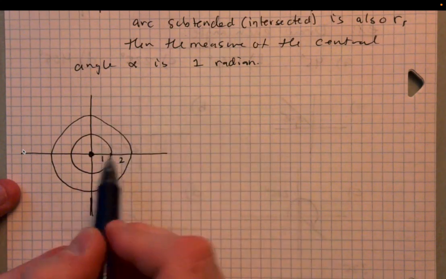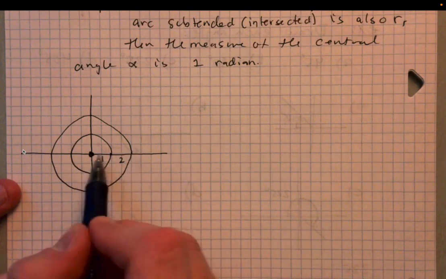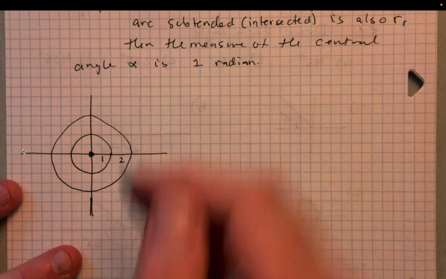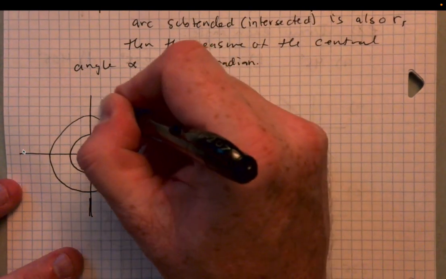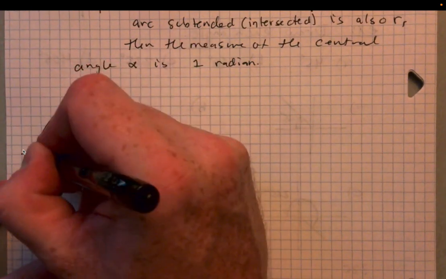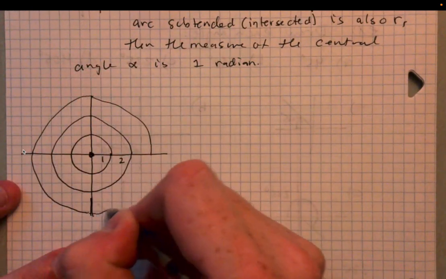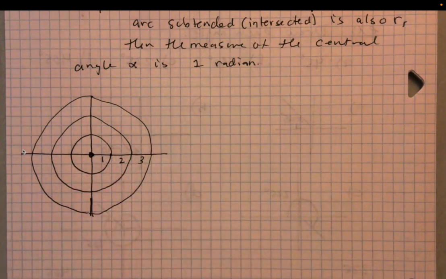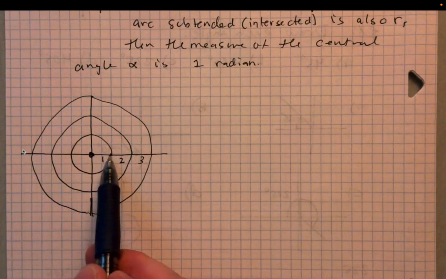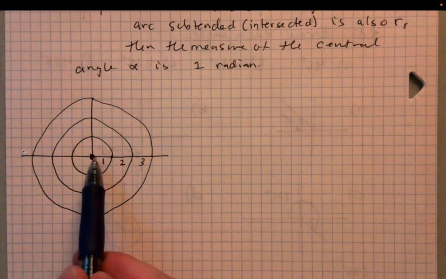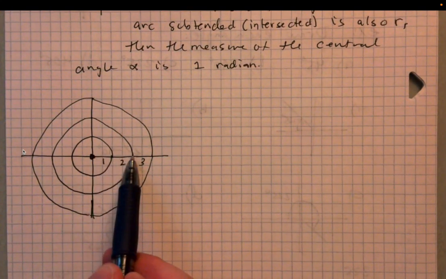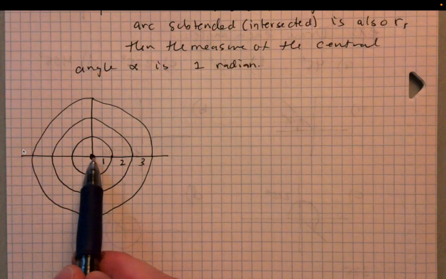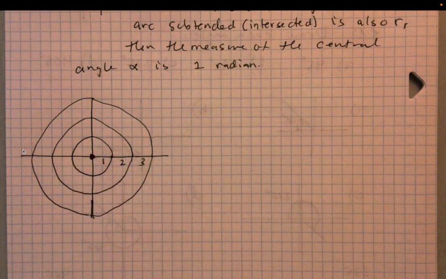Maybe it has radius 1 plus 1, so 2, all the way out here. And then maybe a third circle way out here, whose radius is 1, 2, 3. So 1 is the radius from here to here, 2 is the radius from here all the way out to here, and 3 is the radius from the center all the way out.